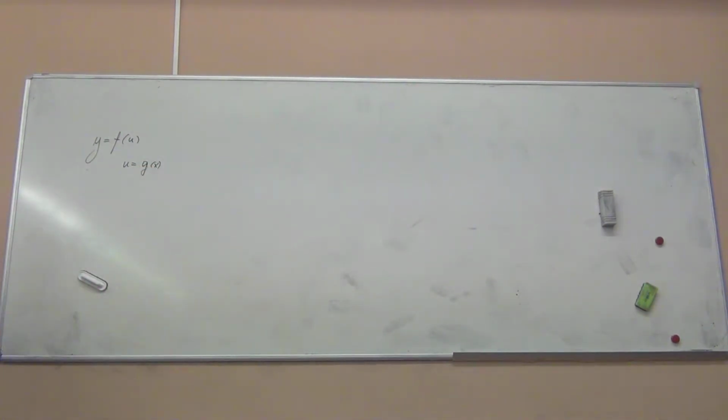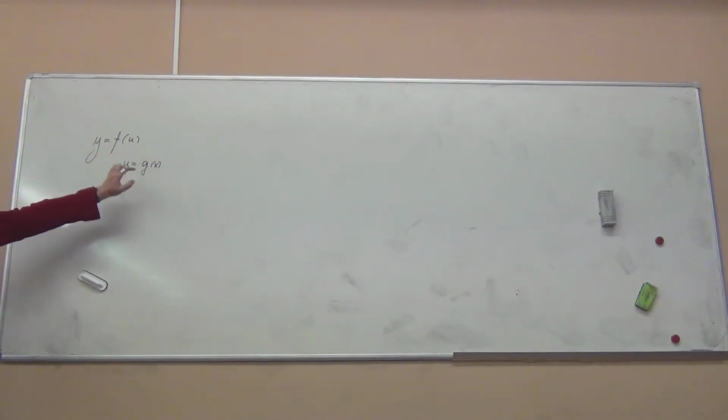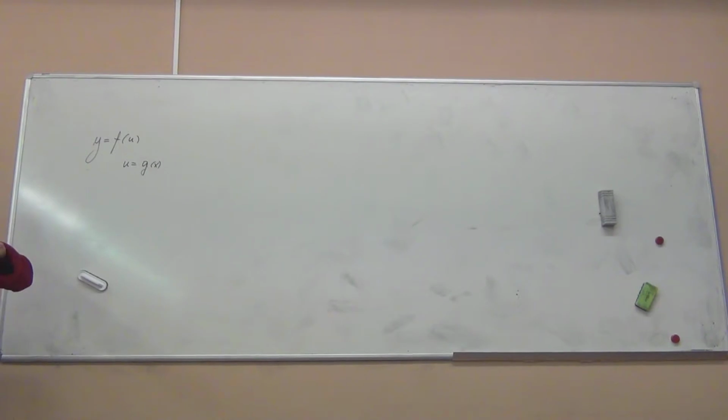So the composite function will be expressed in terms of x. So there are two functions, and the first one is applied to x, and then the second function is applied to whatever result we get from the first one.